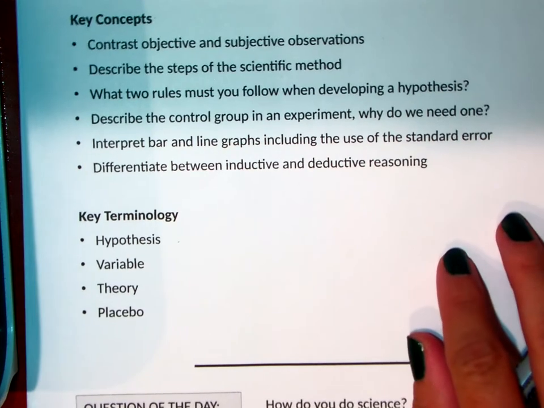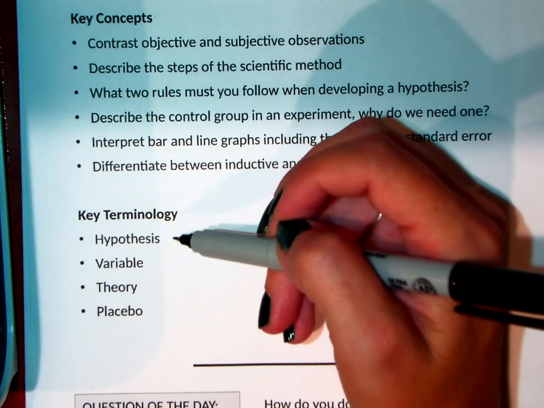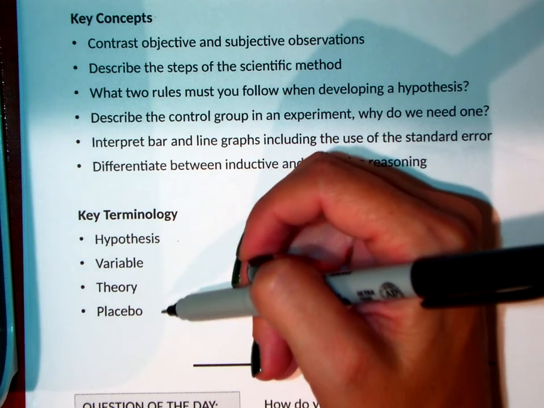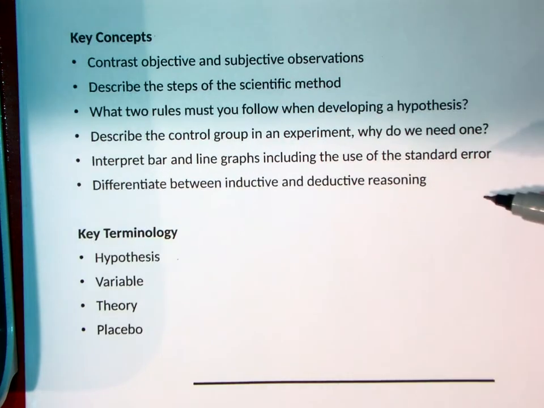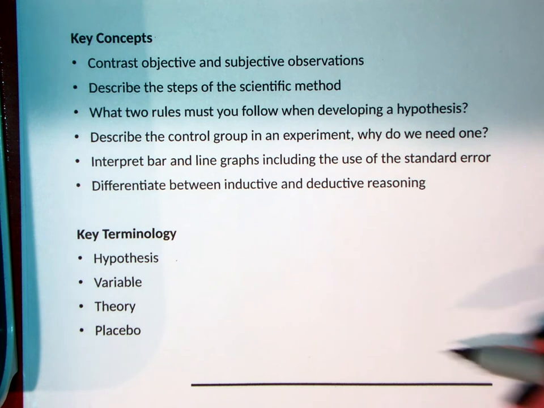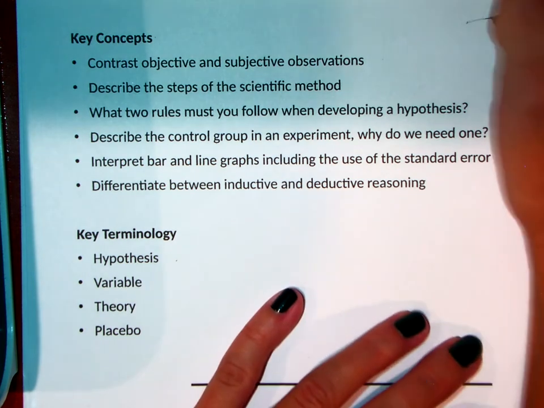So the key terminology for this chapter is hypothesis, variable, theory, and placebo. So when you are studying, these key concepts and terminology here match the study guide, so focus on these.